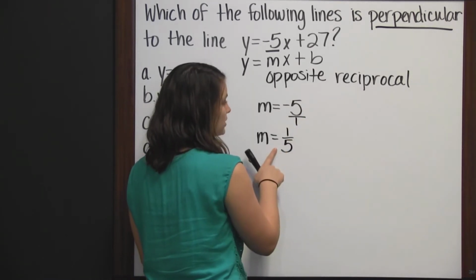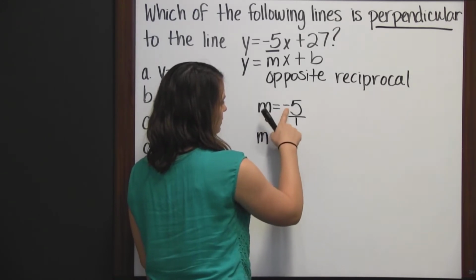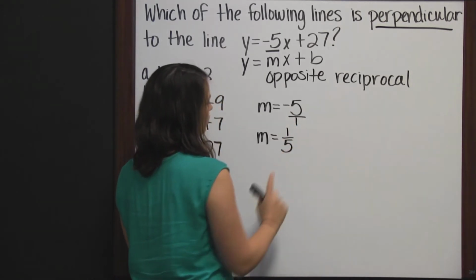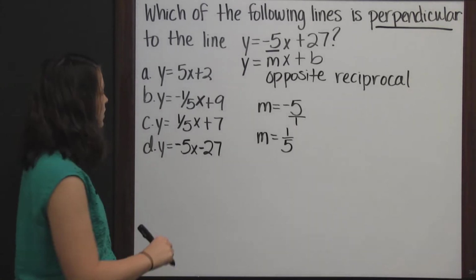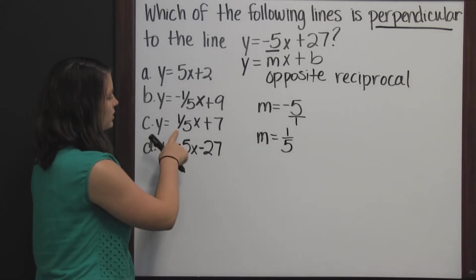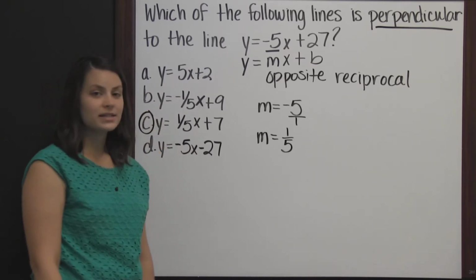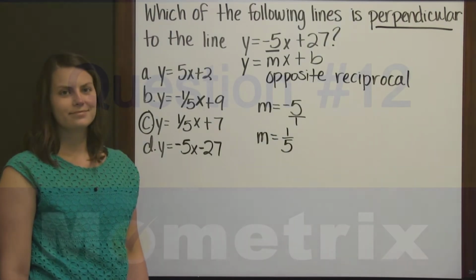And again, it's a positive 1/5 because it has to be the opposite. So negative 5/1, the opposite reciprocal is positive 1/5. Looking at the answer choices, the only line with a slope of positive 1/5 is answer choice C. So that's the line that's perpendicular to our original line.